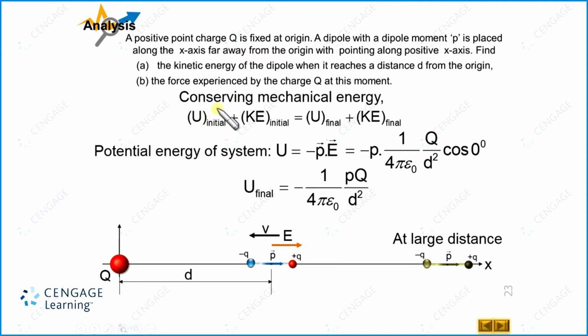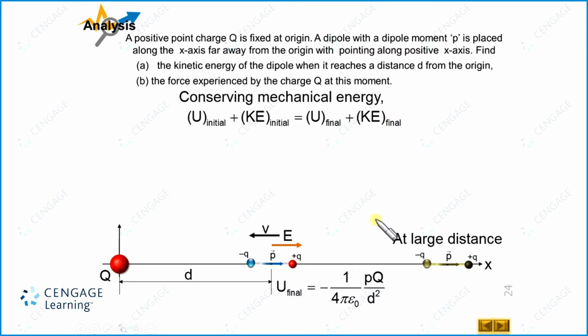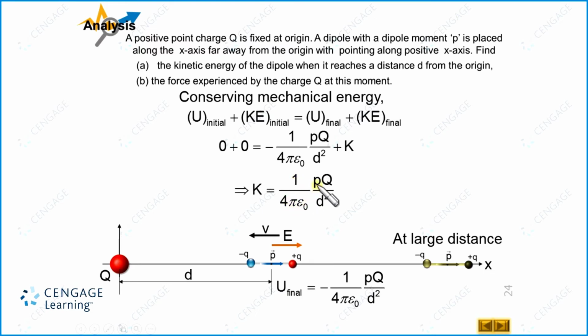Initial potential energy equals 0, initial kinetic energy 0, and the final potential energy we have calculated, and the final kinetic energy we need to calculate. So let us substitute. K is the final kinetic energy, that is equal to 1 upon 4 pi epsilon naught PQ divided by d square. So we have calculated part A.